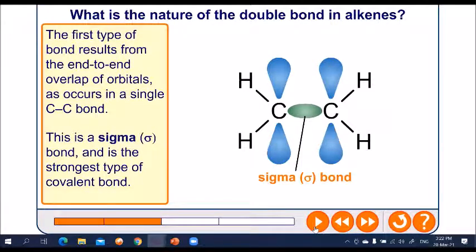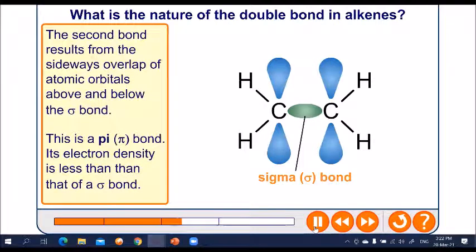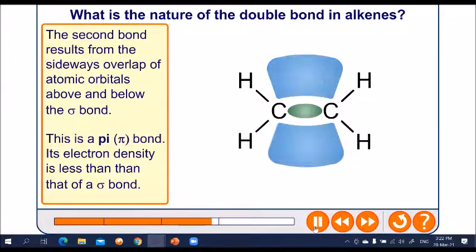The sigma bond is the strongest type of covalent bond. The second bond comes from the sideways overlap of the atomic orbitals above and below the sigma bond. That is your pi bond, and its electron density is less than that of a sigma bond.